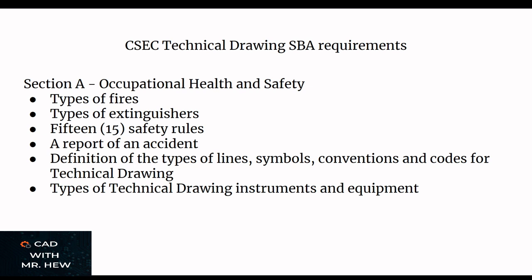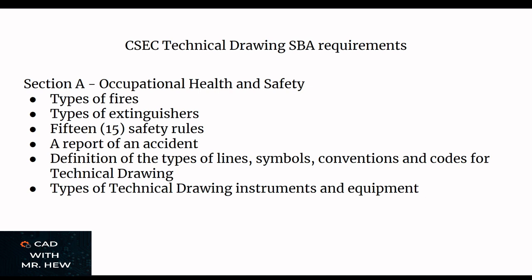All right, the next thing the candidate will be looking at on the technical drawing heading in section A, having described the types of lines and symbols, is the conventions, right? Having completed the conventions, then the candidate will be looking at the different codes that you use for technical drawing, right? Good.